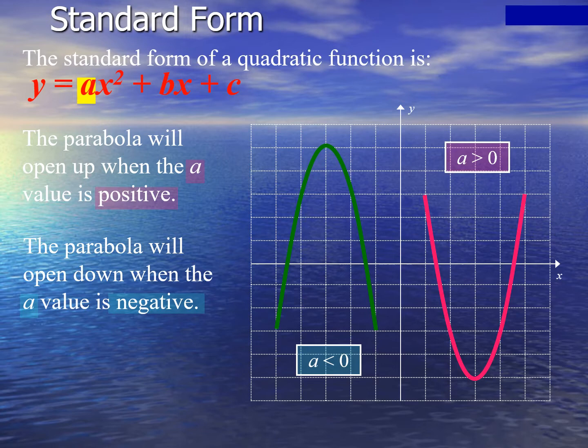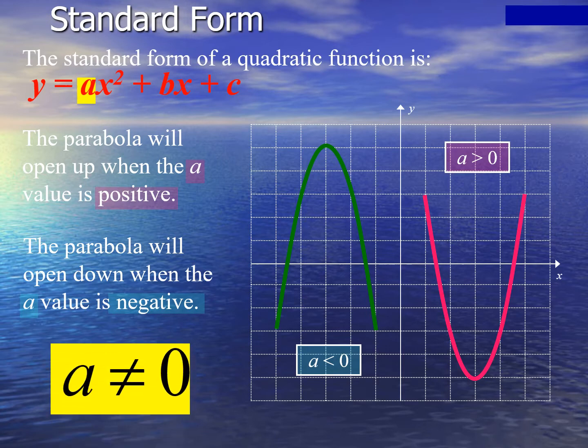So if a is less than 0, the parabola will open down. A should not be equal to 0. Why? Because if a is equal to 0, then we don't have a quadratic function anymore. Instead, we have a linear function.